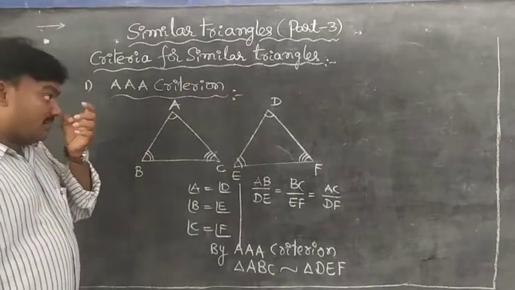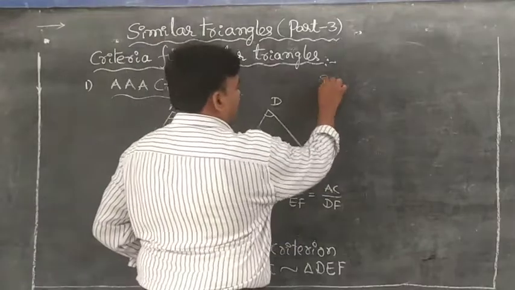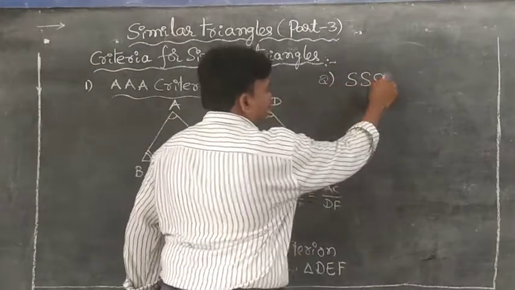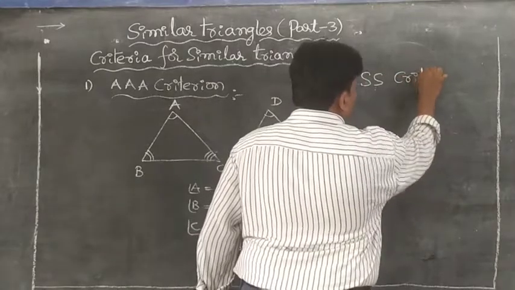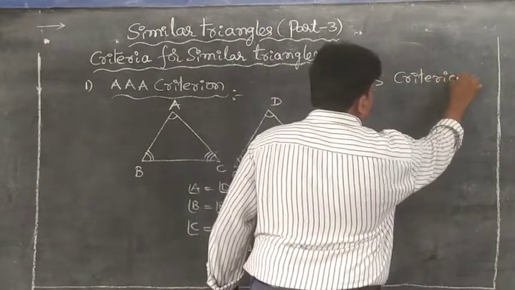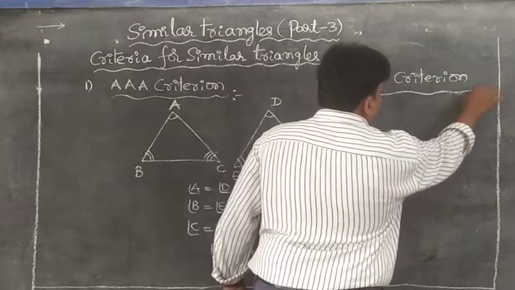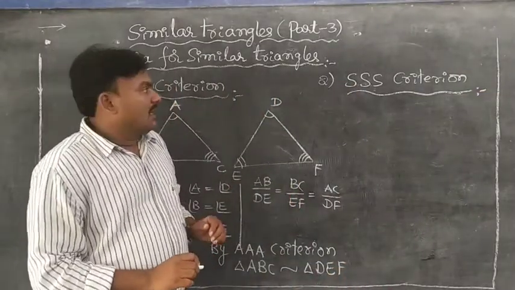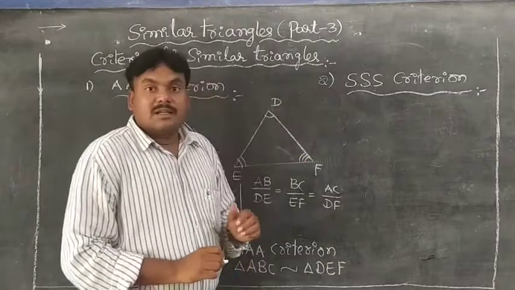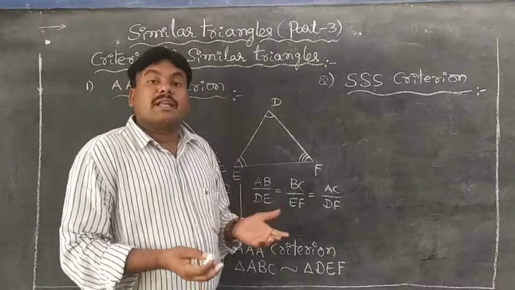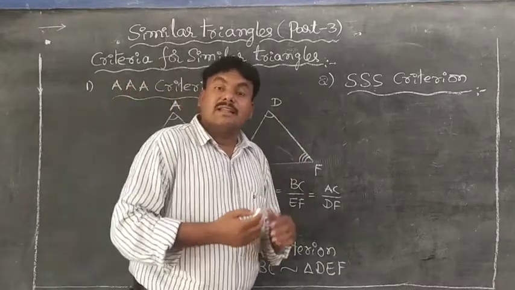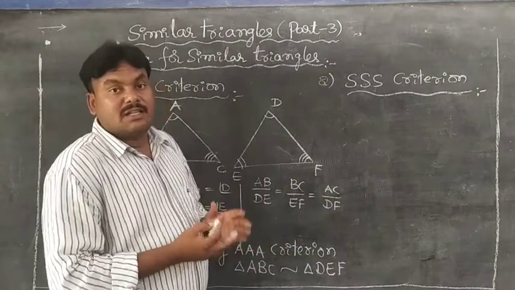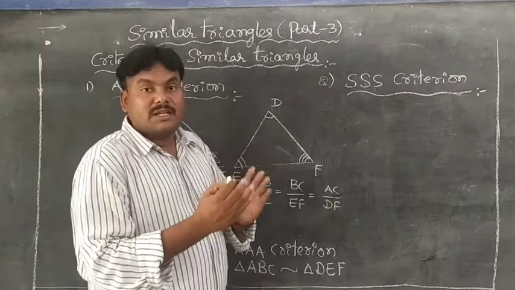So what is the second one? Second one, SSS criterion. In triangles, if the sides are proportional, then the corresponding angles are equal, and then both triangles are similar to each other.